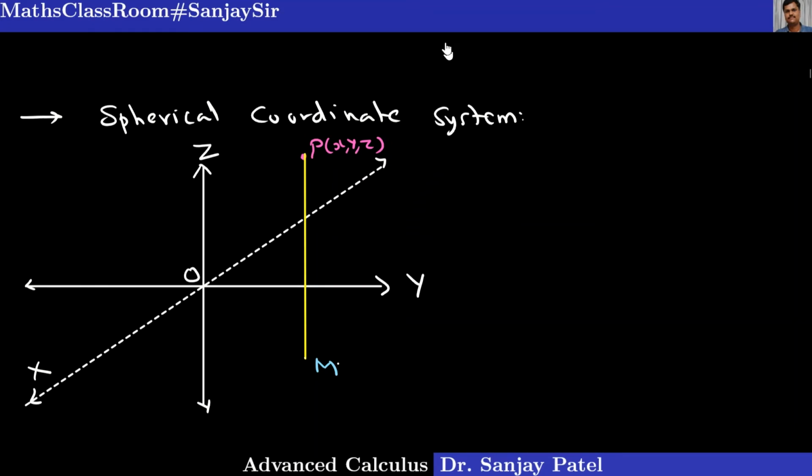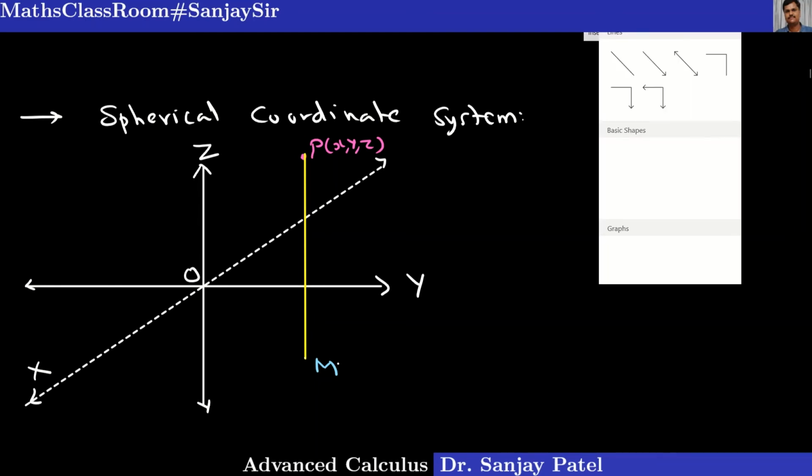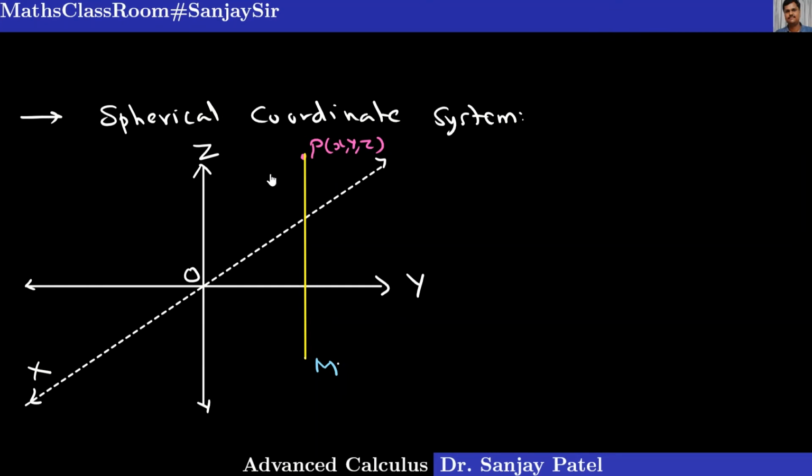Then we join this point P with the origin, and we call this length OP r. It is different from that of the cylindrical coordinate system.